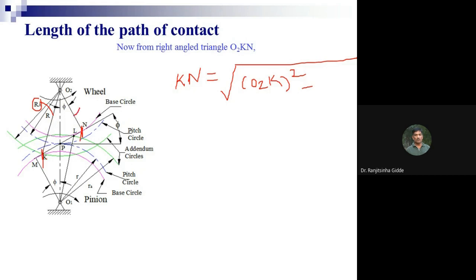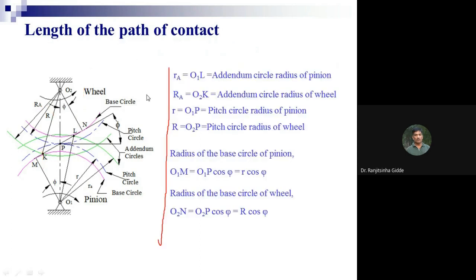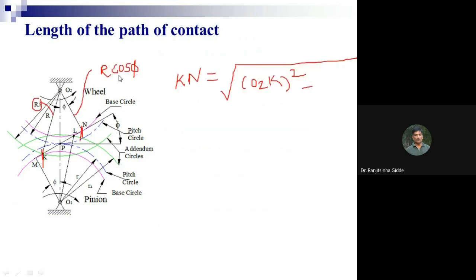The value for this O2N, that also we know. In the previous slide we have written R cos phi, right? So this value we know. So what is remaining?